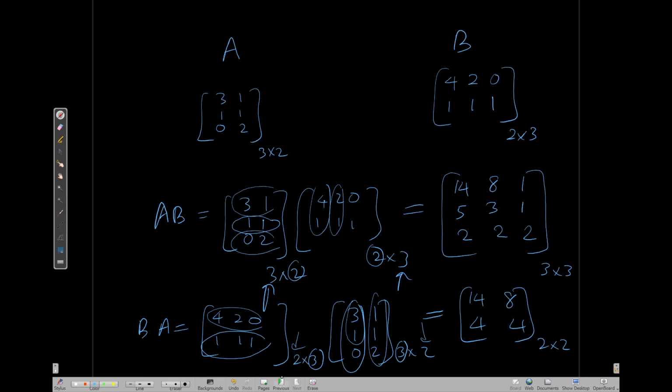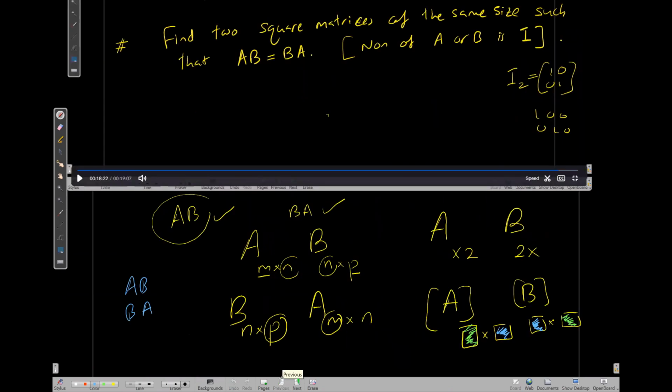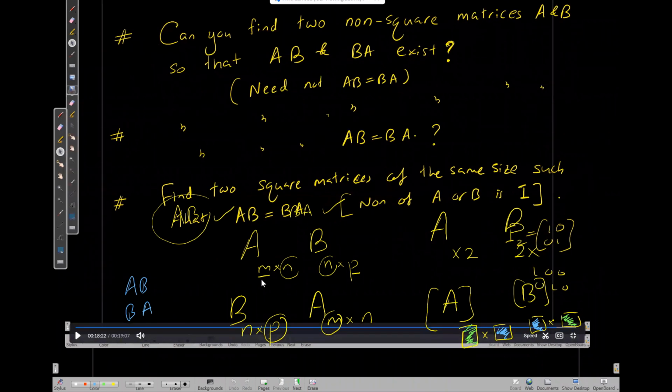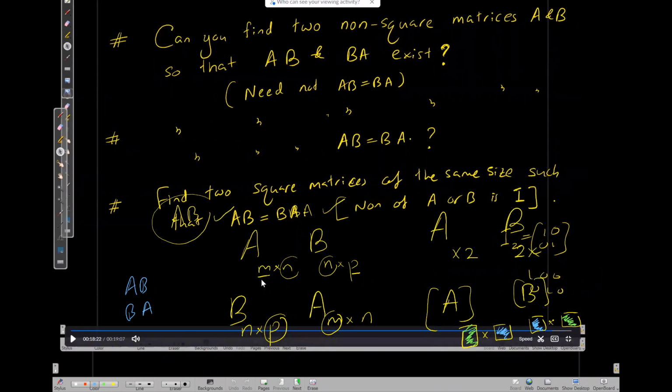Now, what was our next question? Well, the same thing. Can you find two non-square matrices A and B such that AB and BA exist, but this time I am forcing them to be equal? This is a nice question.